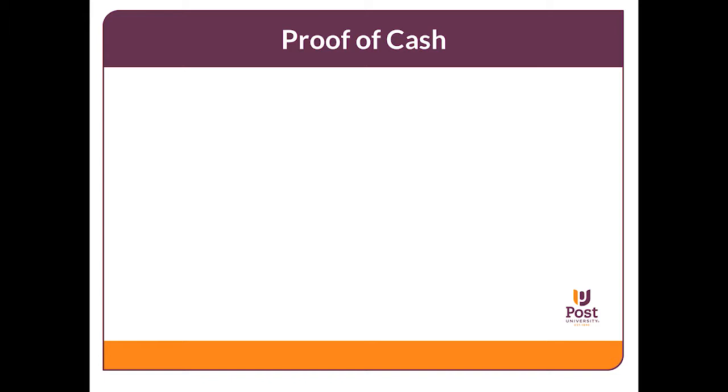Cash receipts and disbursements recorded on the bank statement but not in the accounting records. And cash receipts and disbursements recorded at different amounts by the bank than in the accounting records. In essence, we tie in the bank to the accounting records.